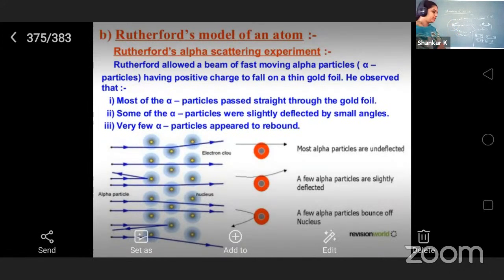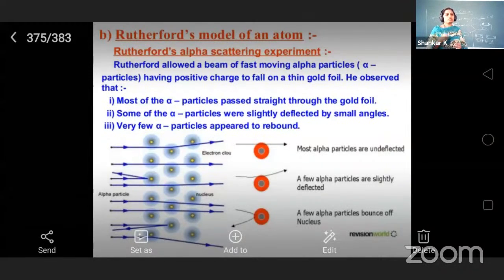When you pass a beam of light on gold, or any object like metals or steel, what happens, students?